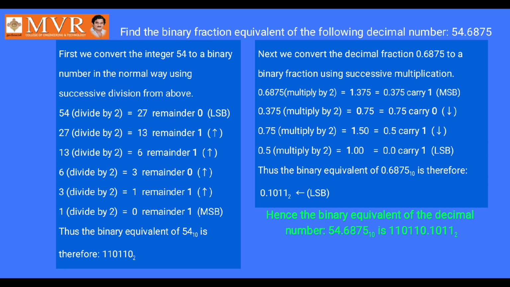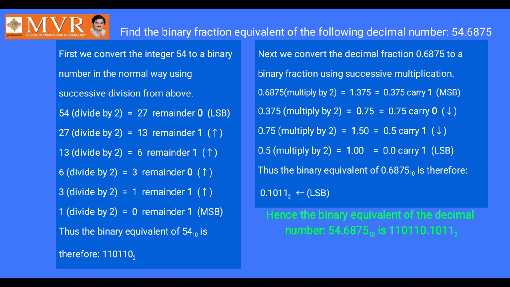For octal conversion you divide with 8, and for hexadecimal you divide with 16. Whichever base you convert into, you divide with the same radix value. After dividing, you write from bottom to top as usual. So from most significant bit to least significant you have written 110110 base 2.